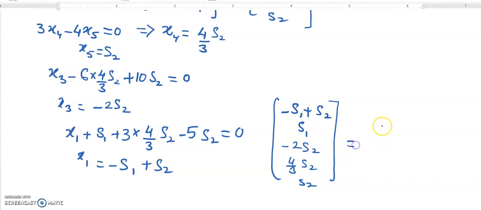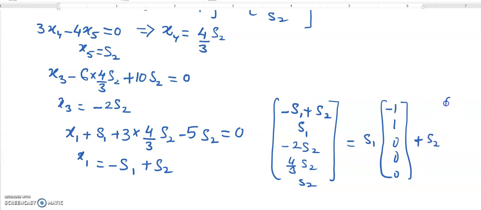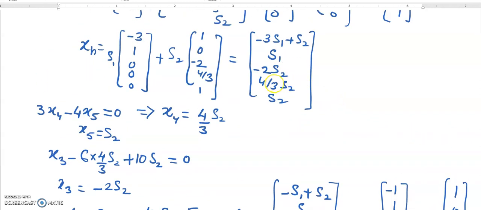So we can write it like this: s1 times minus 1, 1, 0, 0, 0, because there is no s1 term over here, and then s2 times 1, 0, minus 2, 4 by 3, and then 1, which is the same as before. The only difference was that earlier we made some mistake in putting minus 2 over here.